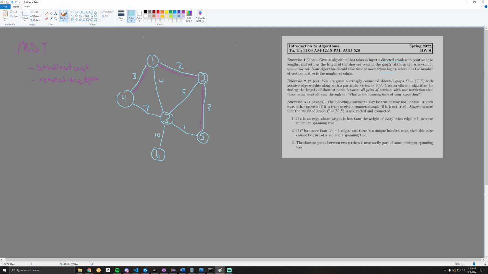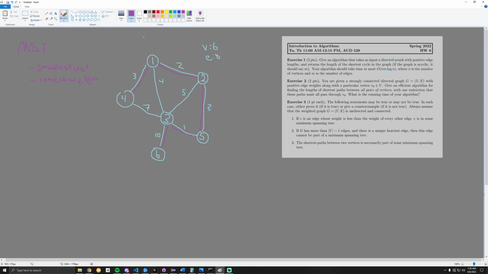And in this example, we've got 6 vertices. Actually, I should write our number of vertices is 6, and our number of edges is 1, 2, 3, 4, 5, 6, 7, 8. Our number of edges is 8, and we've got more than V minus 1 edges, more than 5 edges. But to have a minimum spanning tree, we have to include this one, because there's no other way to connect to 6.